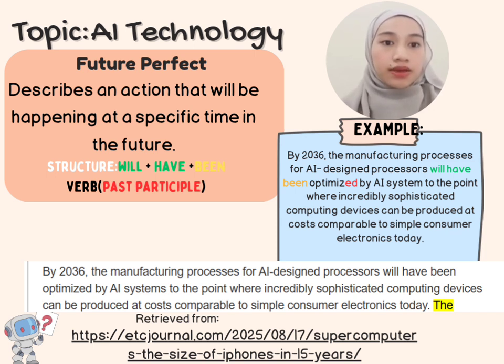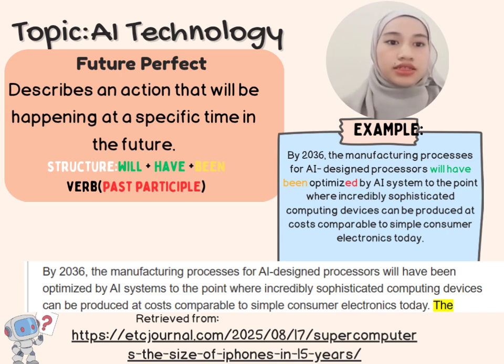For example, by 2036, the manufacturing processes for AI-designed processors will have been optimized by AI systems to the point where incredibly sophisticated computing devices can be produced at costs comparable to simple consumer electronics today.